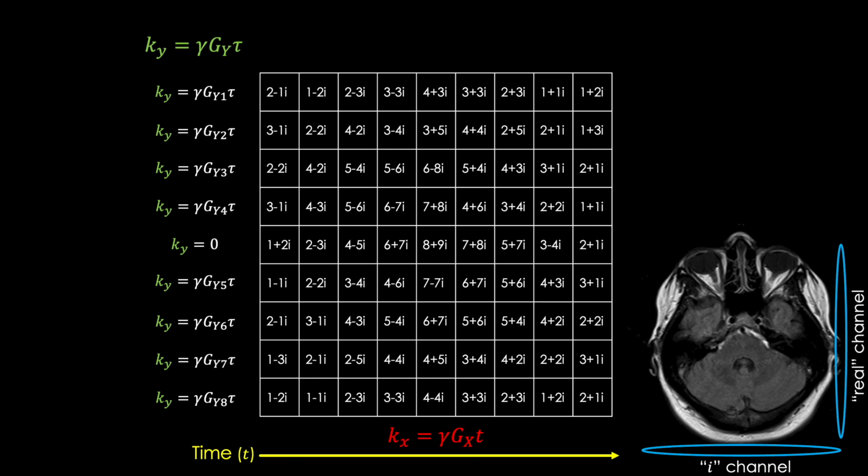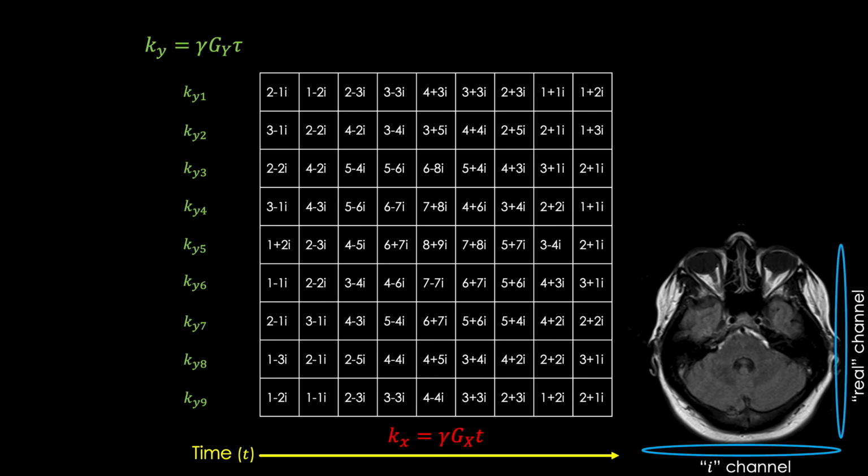Notice that each of these ky values is unique. We've applied a different field strength each cycle, and so the ky value will vary along columns of this table. In this example, ky is constant along each row, but again, it doesn't have to be this way. We're just following a standard spin echo sequence.